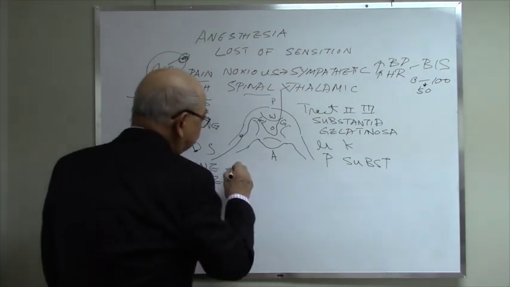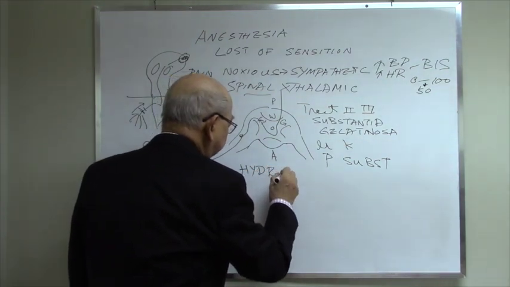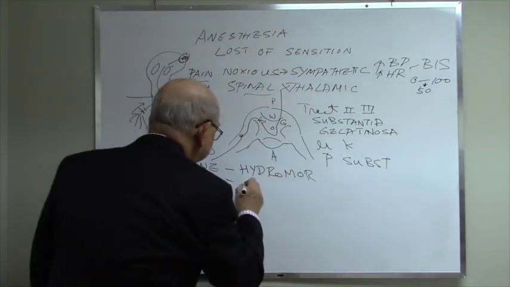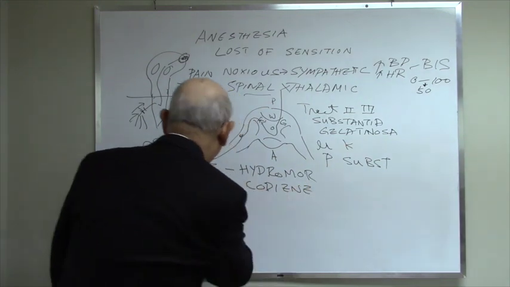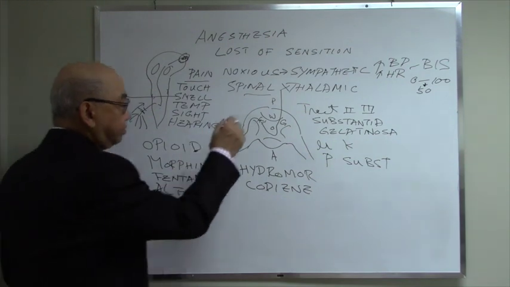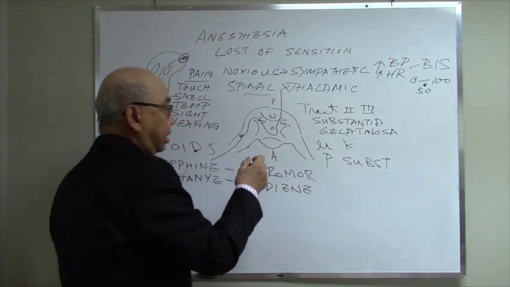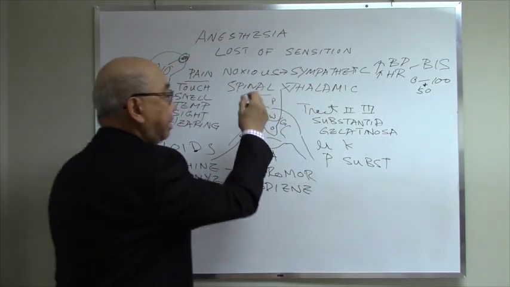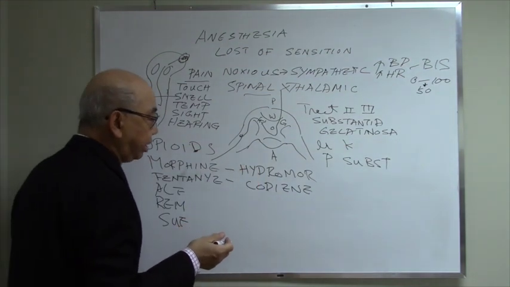Some other things like hydromorphone, or even codeine, which is converted to morphine eventually. What these agents do is block substance P at the mu or kappa receptor, then you don't have completion of the spinothalamic tract, and then you don't have pain. Okay?